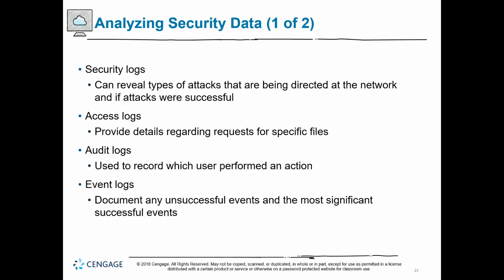For example, if you want to see if someone was able to successfully authenticate to their computer or a different resource, you can go into the event logs and look for an event ID of 4624, which is the Windows Event ID in Windows Event Viewer for successful login attempts.